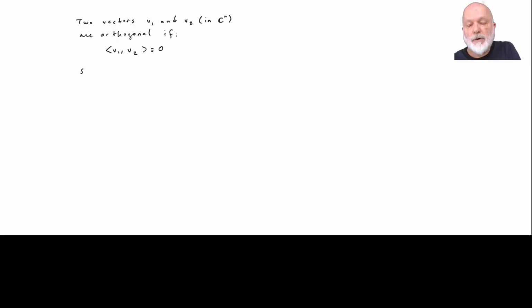So let us denote them by v1 bar, v2 bar, up to vn bar. And we claim that this is an orthogonal set of vectors in Cn.